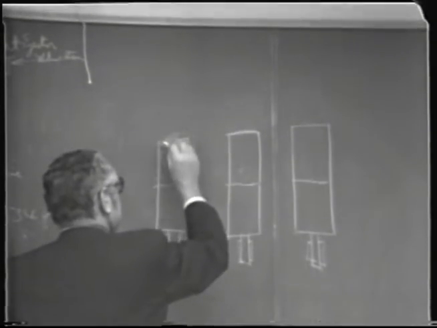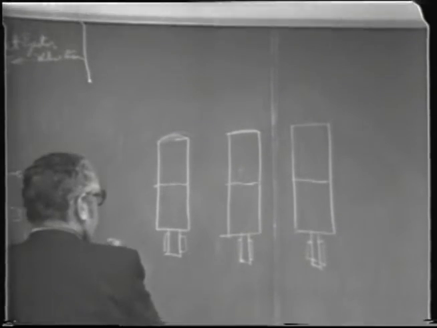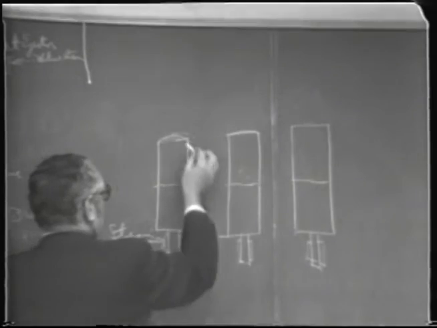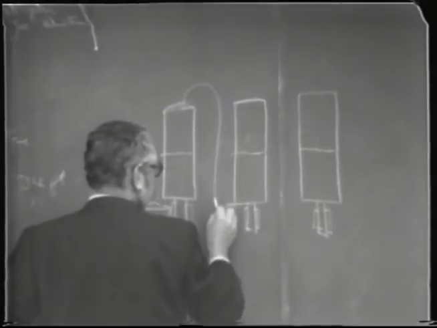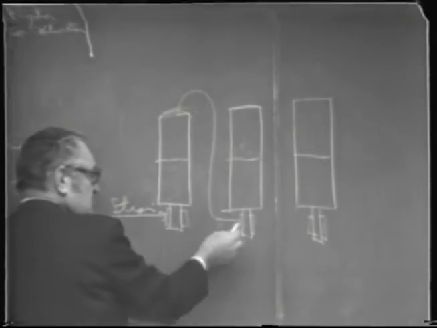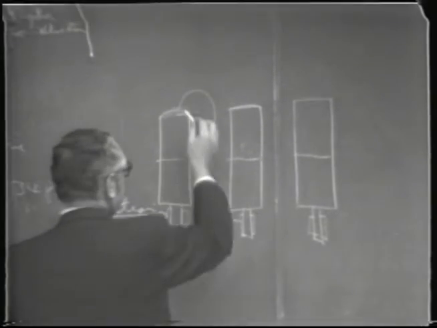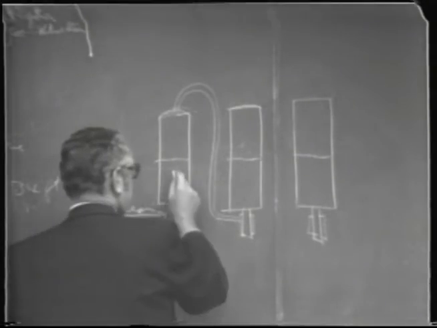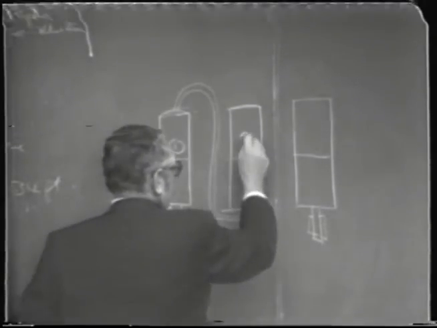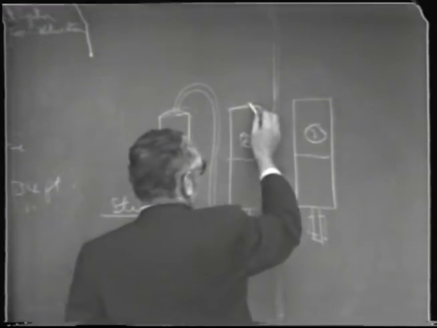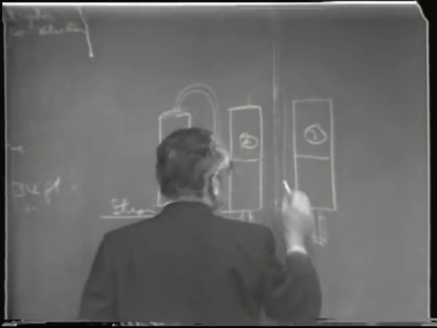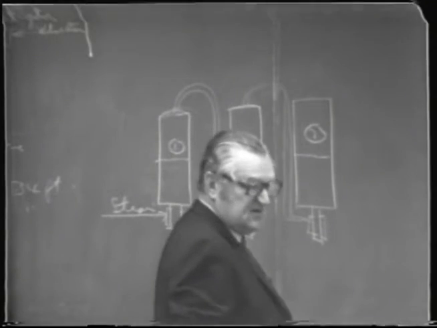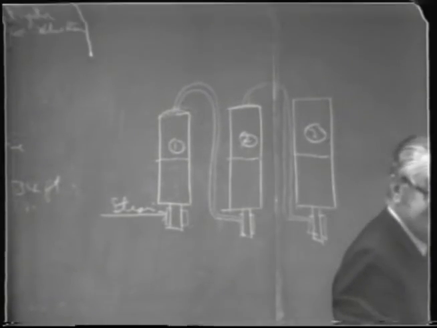The principle is that if we introduce live steam into the first effect, we take off vapor, and if this pressure here is lower, so we have a lower boiling temperature, we can reuse that vapor in the second effect. Similarly, we can take the vapor off this effect and use that to reheat the third effect, which has to be at a still lower pressure or a lower boiling point.